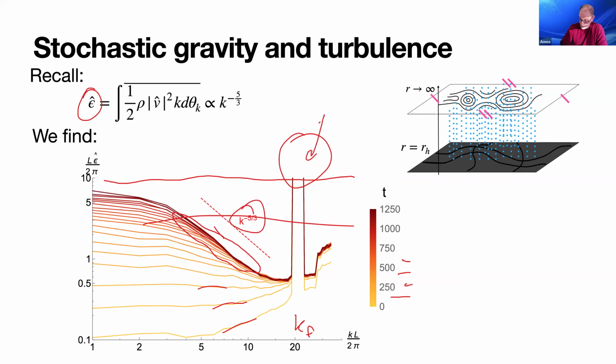I'm sorry for this line that I can't erase. Okay, so this is one of our main results, but I think I'm over time. So let me just stop here. I think it's a good place to stop. So thank you.